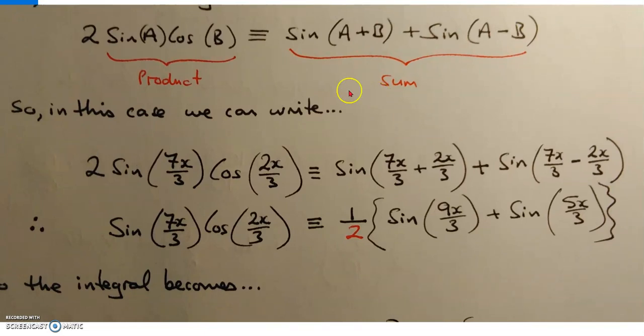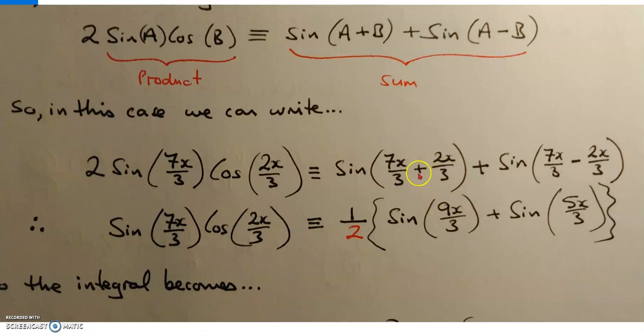Okay, so there's that 2 I talked about, and in this line here I've cross multiplied the 2 down below here, so it's the half of the sine of all of that thing there. The sine of the sum of the angles was 7x over 3 plus 2x over 3 gives me 9x over 3.